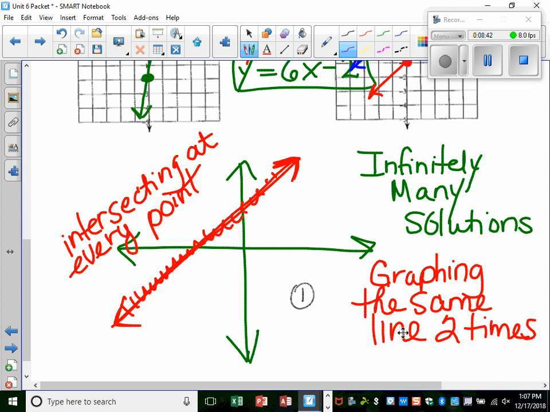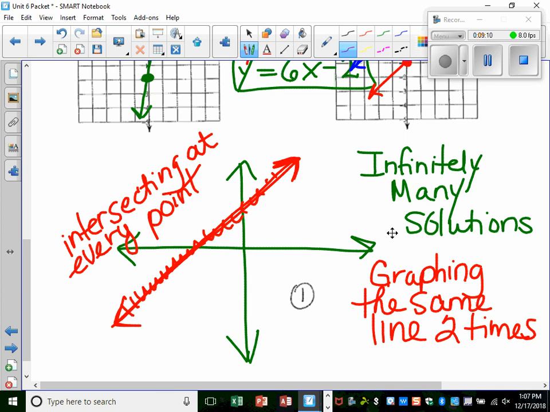Please write this information down, guys. Okay, these little notes that I'm writing, you need to know. Infinitely many solutions means you're graphing the same line twice. So that means when I draw this line and I draw the same line again, they're intersecting at every single point. So we simply say infinitely many solutions.